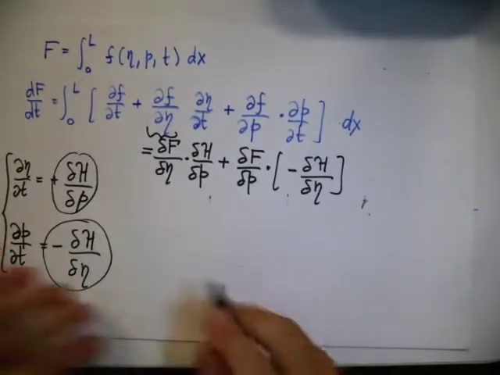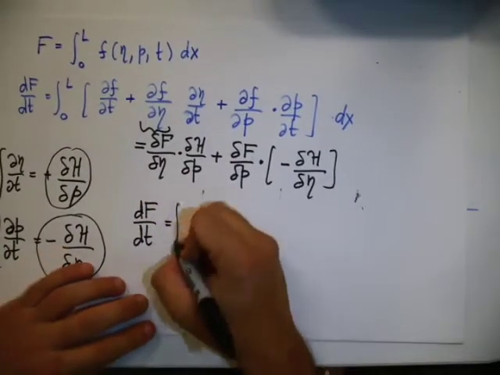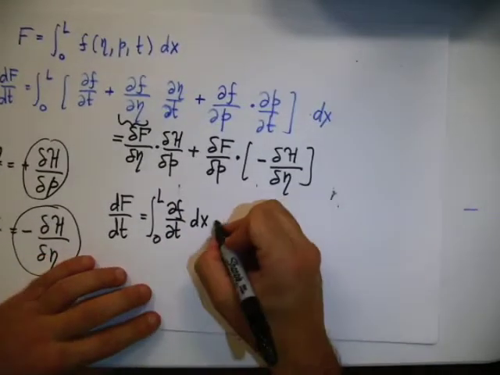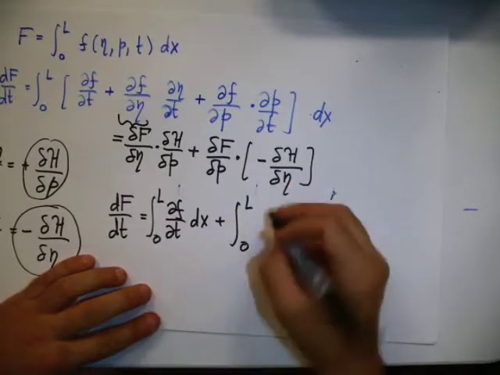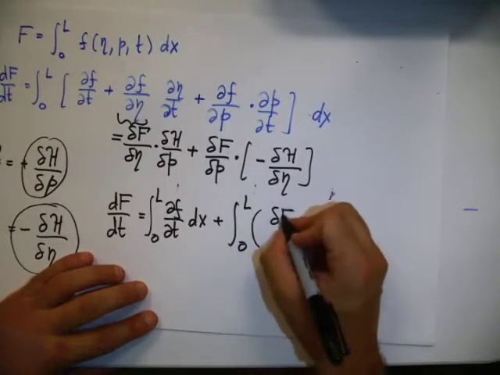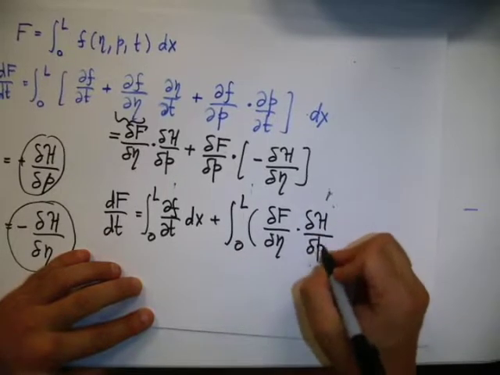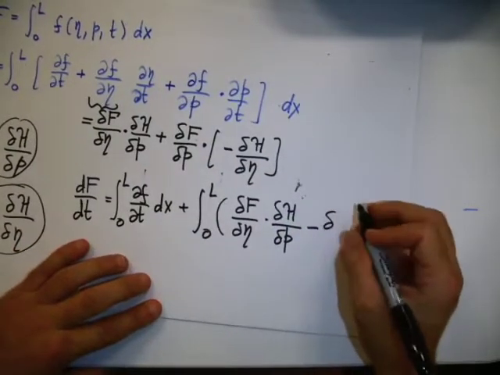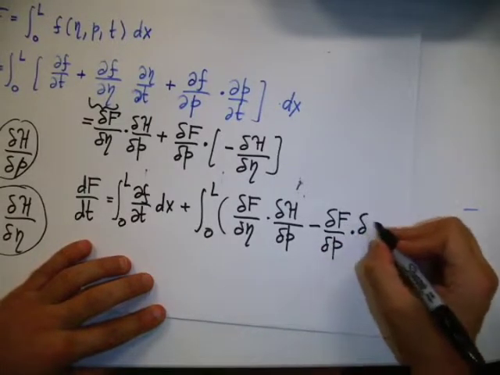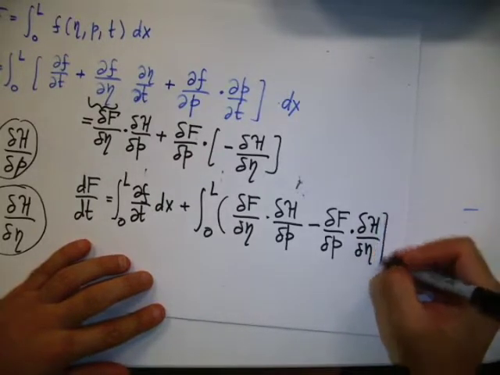So it looks like I can rewrite the total derivative of this observable as the integral between 0 and L of the partial of small f in dx, plus the integral between 0 and L of the variational derivative of F with respect to eta times the variational derivative of H with respect to p, minus the variational derivative of F with respect to p times the variational derivative of H with respect to eta, in delta x.